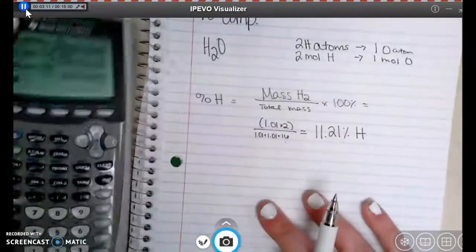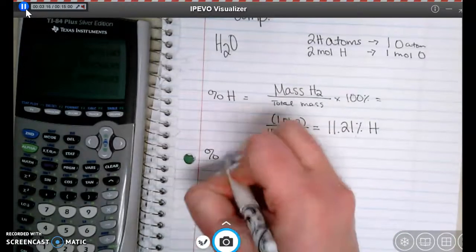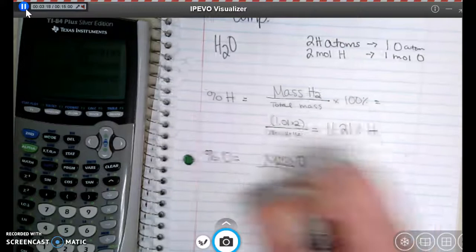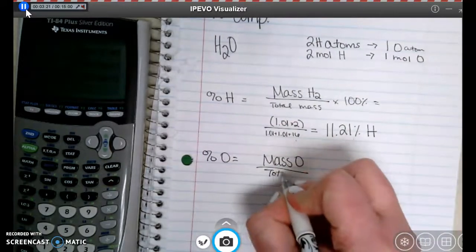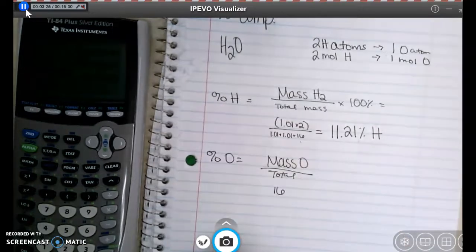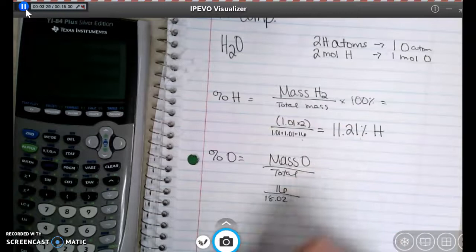Now let's find how much of the mass belongs to oxygen. For percent oxygen, we take the mass of the oxygen and divide that by our total mass. This one's easier. The mass of an oxygen is 16, and my total mass is 18.02.